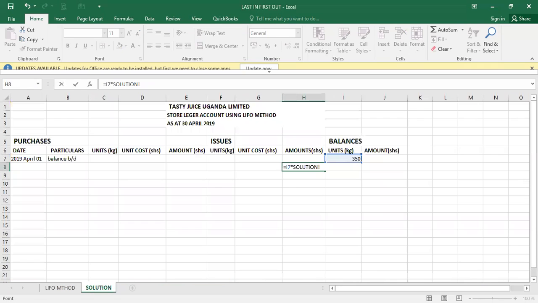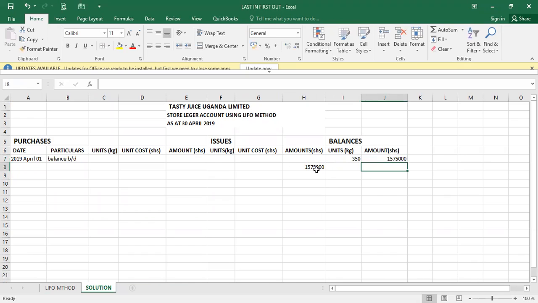So we can value it at 4,500, and it will give us 1,575,000. That will be the balance we shall be having on first. So we go to the next.